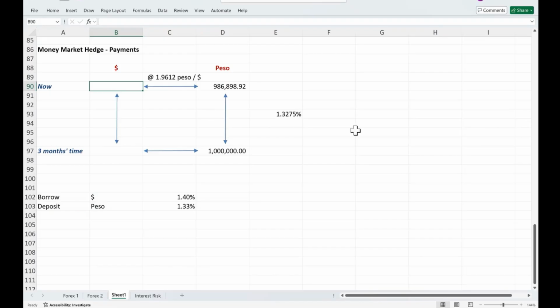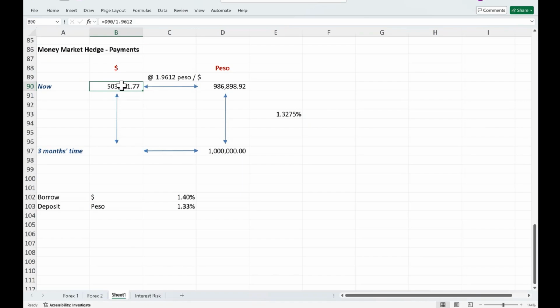So convert it. Okay, so that is my cost today.